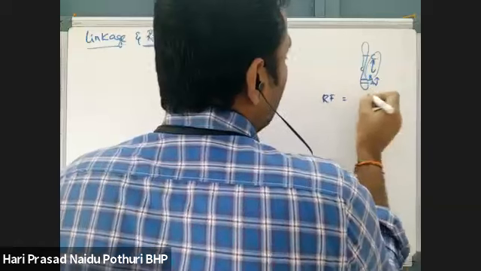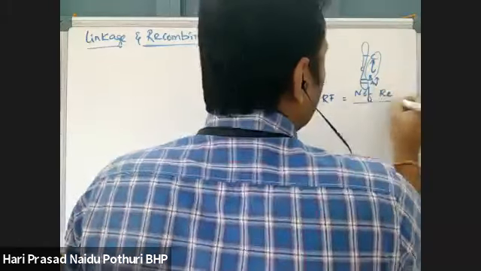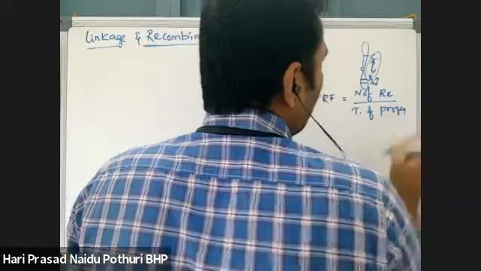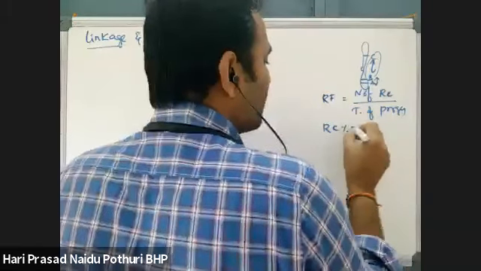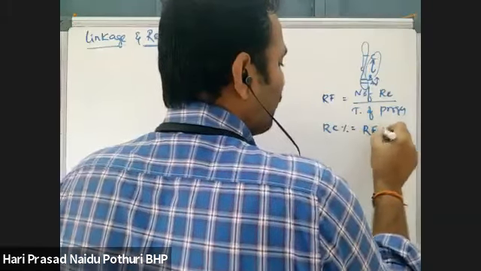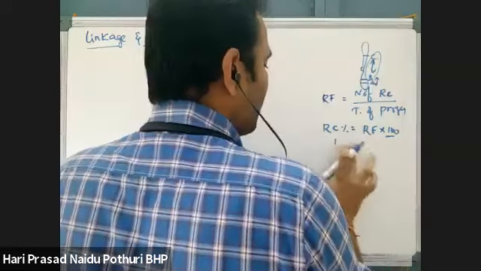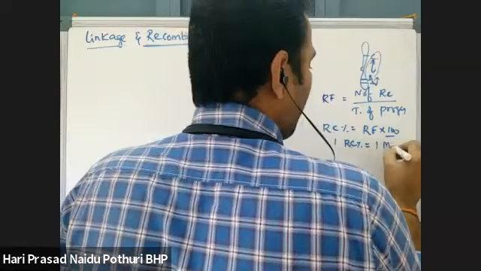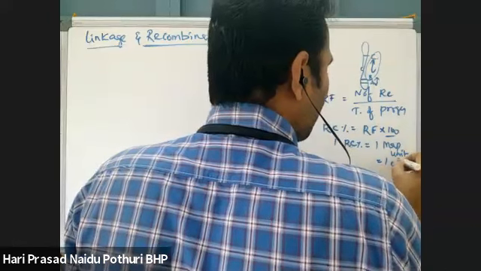In the previous class, I told you recombination frequency is equal to the number of recombinants divided by the total progeny. And recombination percent is equal to recombination frequency times 100. One recombination percent is equal to one map unit, which is equal to 1 centimorgan.